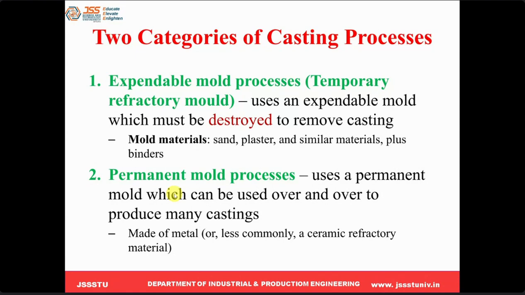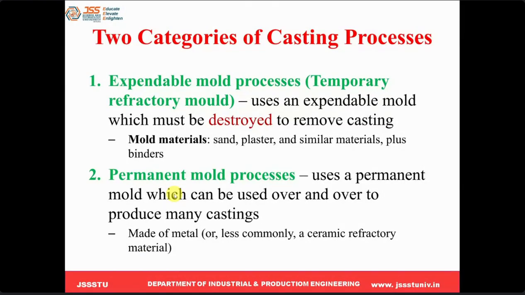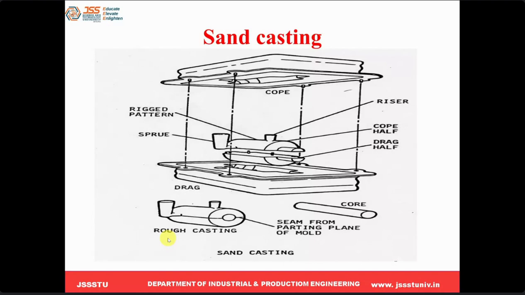First the mold is prepared for casting, then once it is solidified and the casting is ready, they break it off. That is usually sand molding, all expandable type. But permanent mold means once the mold is prepared, it is used again and again over long periods. It is made up of metals. So metal molds we usually make as permanent molds, and we do not break them. But sand molds are the temporary type. Once the part is ready, we will break it off. That is the thing.